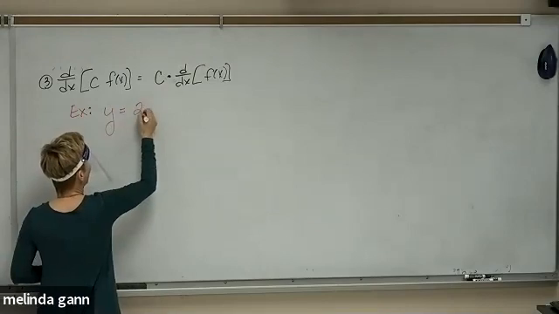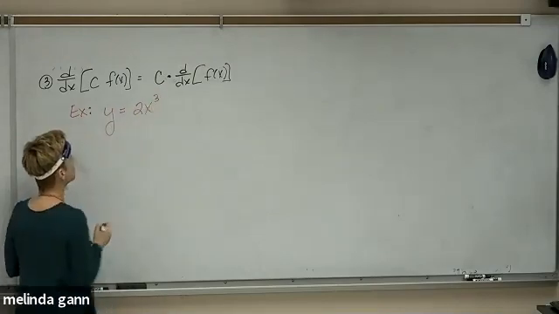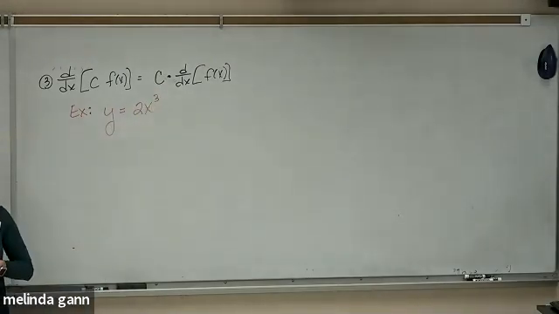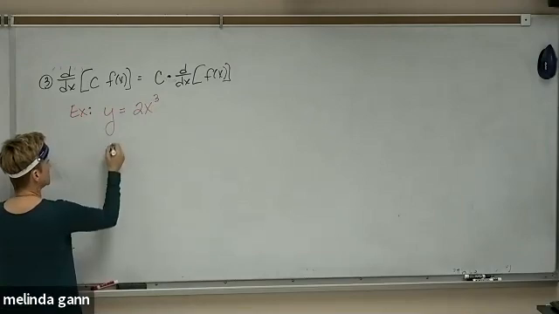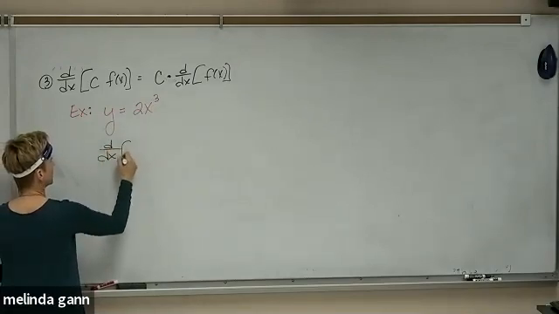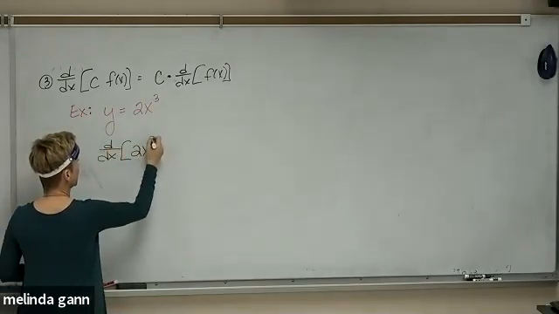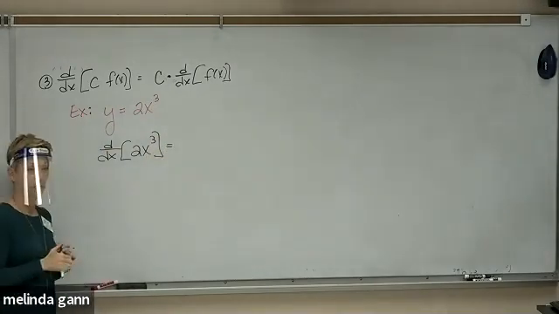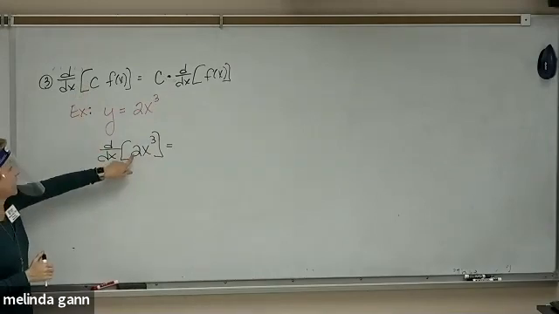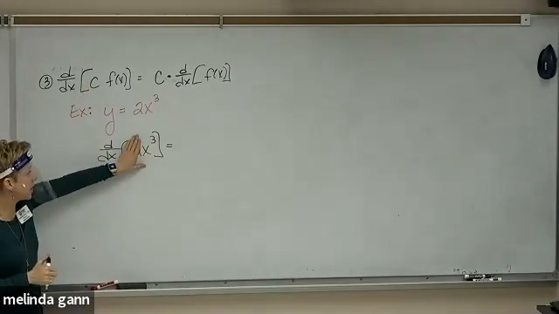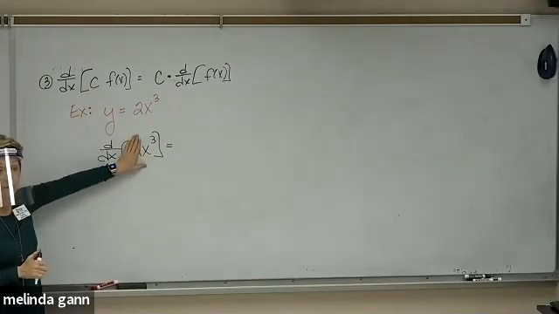What if you had a 2x cubed? In other words, what if I told you to take the derivative of 2x cubed? Well, this is like a 2 times an x cubed. Don't I know how to do the x cubed?